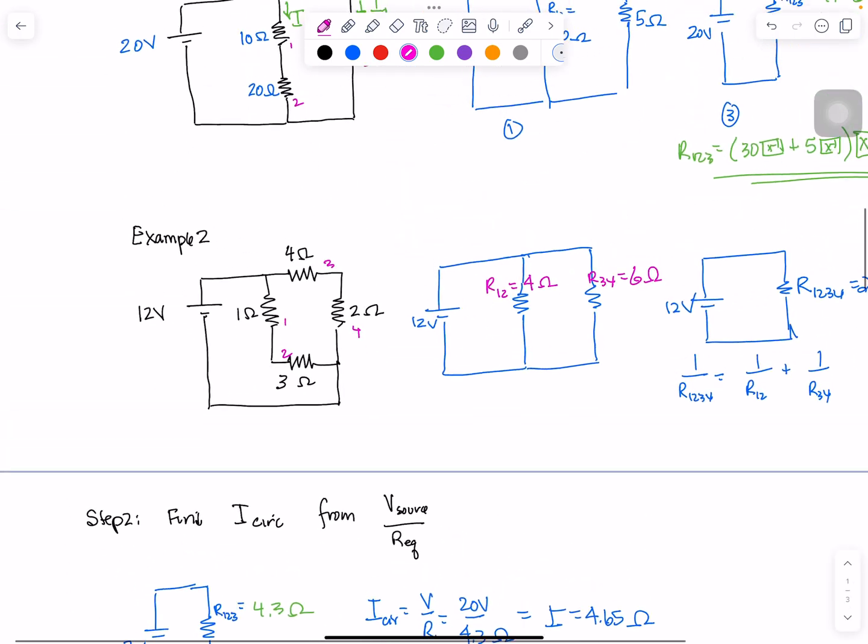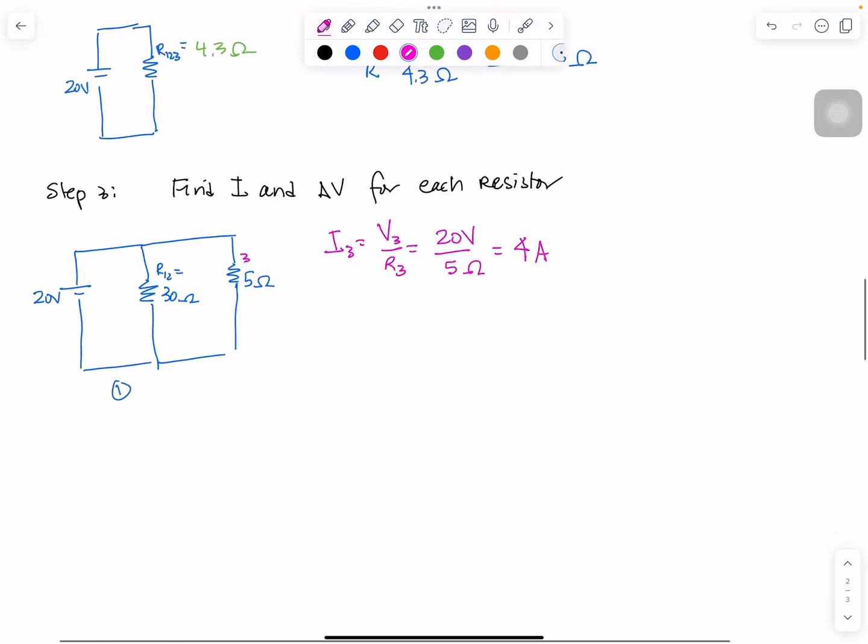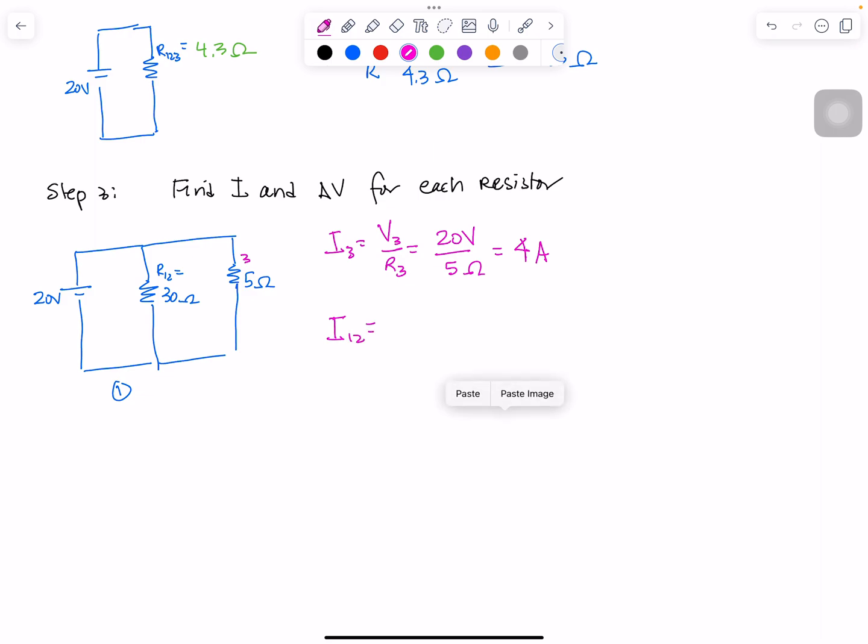Okay, and so that means I12, I can either do it by Kirchhoff's law or I can calculate it. V12 over R12. So I've got 20 volts over 30 ohms, and that gives me 0.66 amps. All right, so we're good with that.